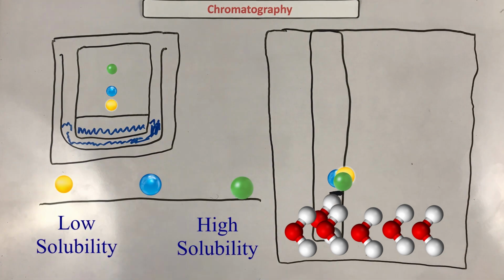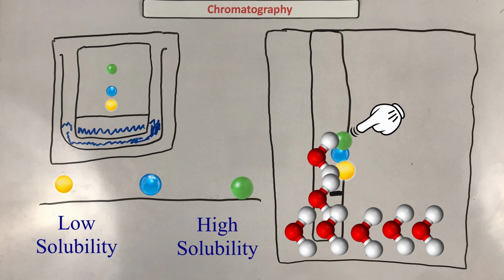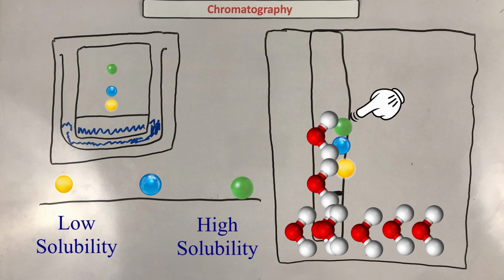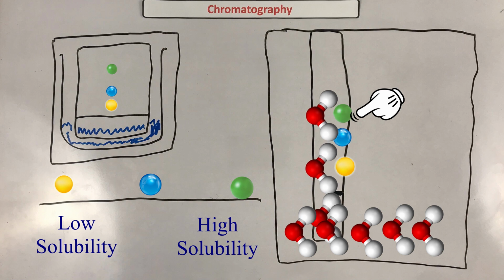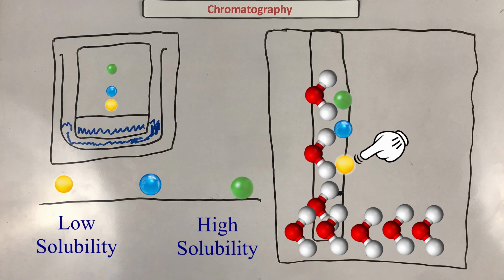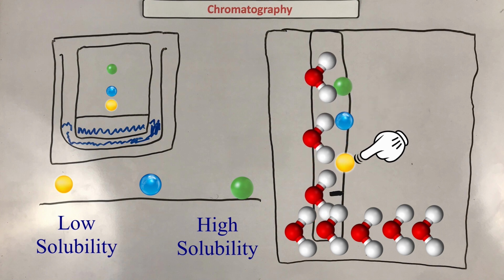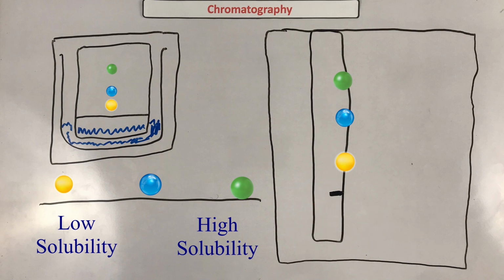If they are more attracted to the mobile phase, they will move along with the solvent and so move higher up the paper. But if they're more attracted to the stationary phase, the paper, they won't move as high. And this, ladies and gentlemen, gives us this lovely separation of dye on this paper.